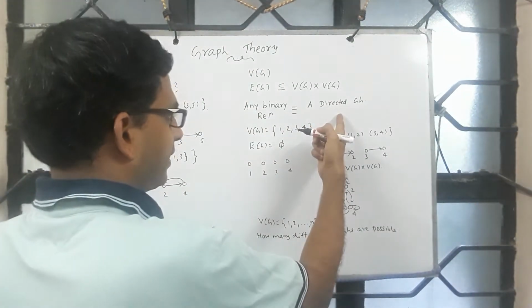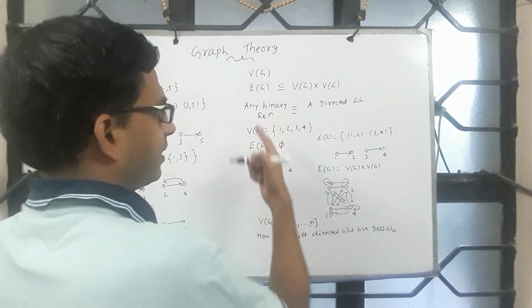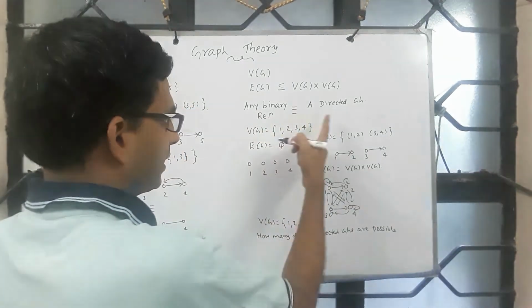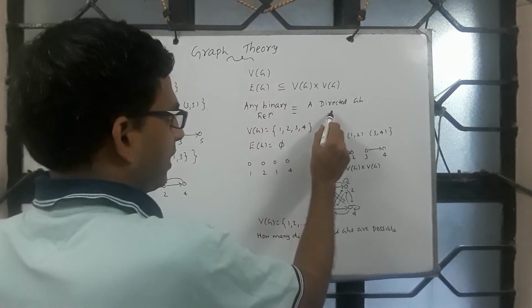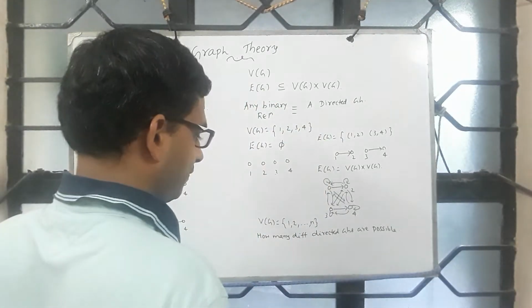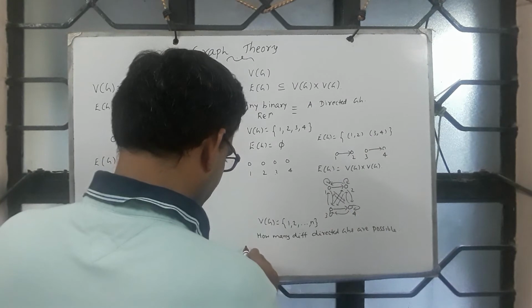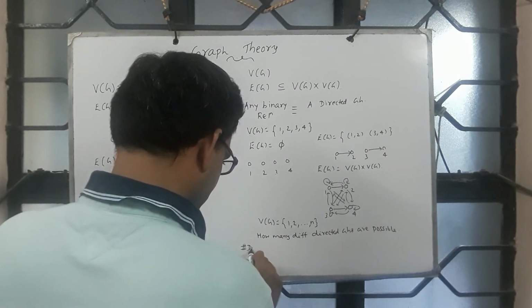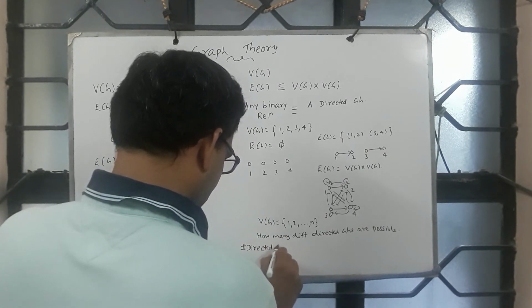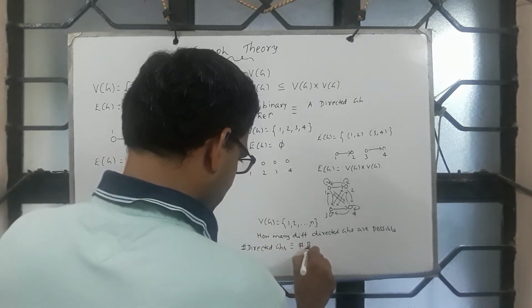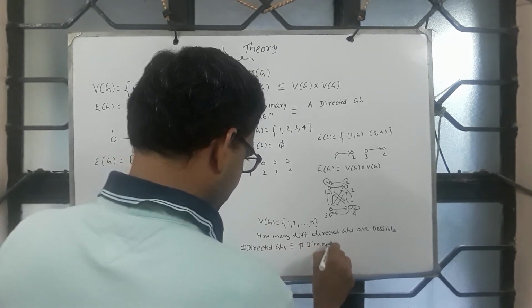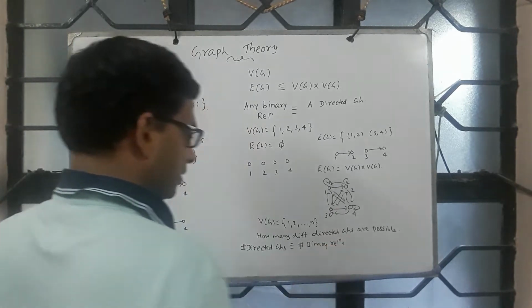Similarly, given a directed graph, one can get the underlying relation. So there is a one-to-one correspondence between binary relations defined on V of G and directed graphs. Which means the number of directed graphs is precisely the number of binary relations.